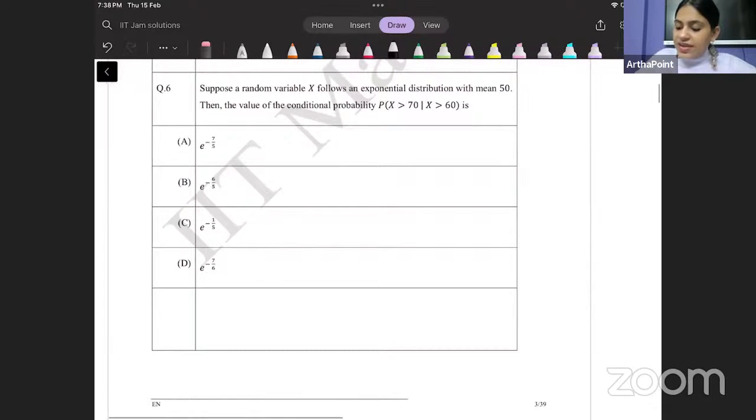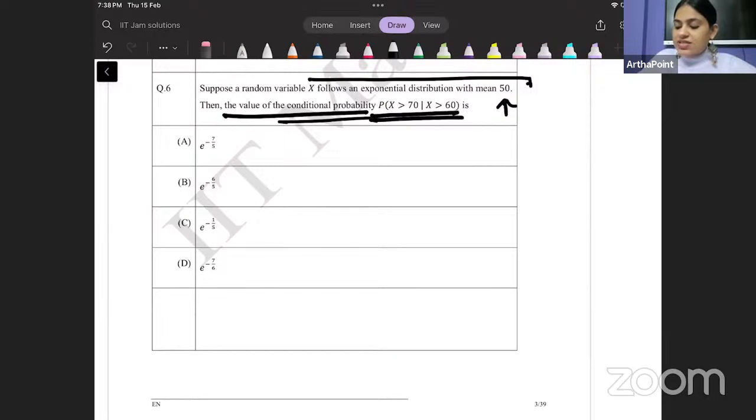It says X follows an exponential distribution, mean given is 50. Find the conditional probability of P(X greater than 70 given X is greater than 60). Tell me one thing, you would have seen that we have done a lot of such questions in the class. And when we were doing these questions, I still remember that many of you were asking me how we will identify that the memoryless property of exponential distribution has to be applied here.